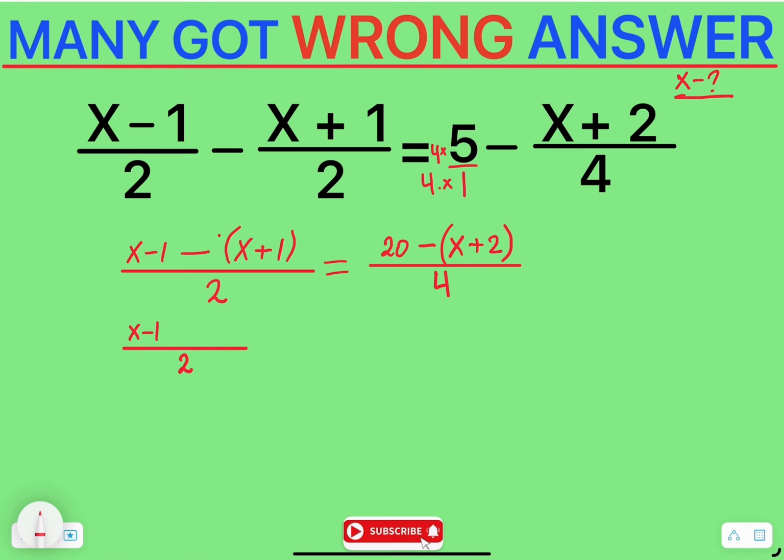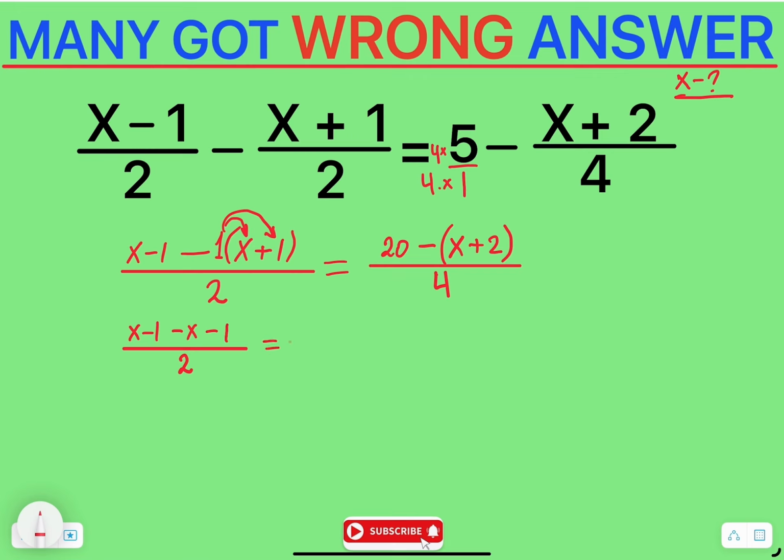This is like another way, let me explain, like minus 1 times. We have to multiply minus 1 with x and minus 1 with positive 1. So we will have minus 1 times x is minus x, minus 1 times positive 1 will be negative 1.